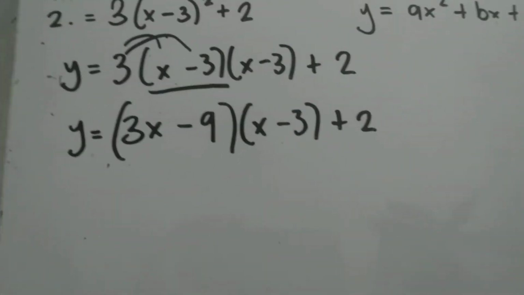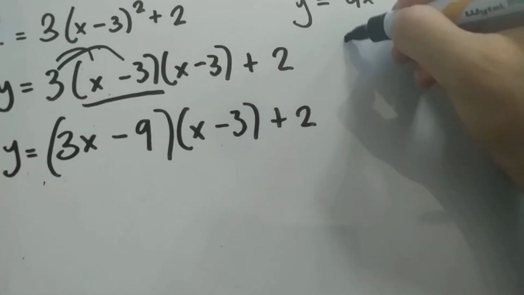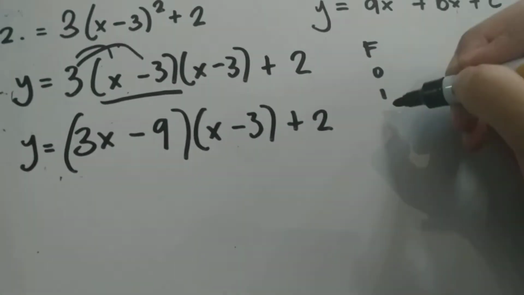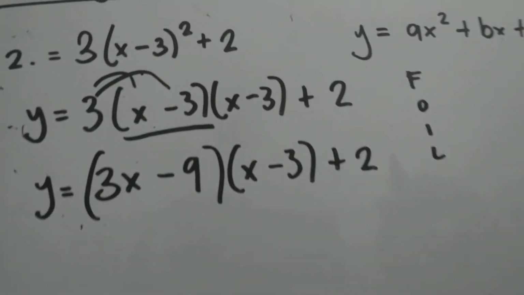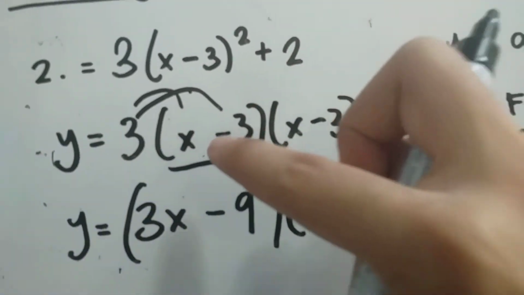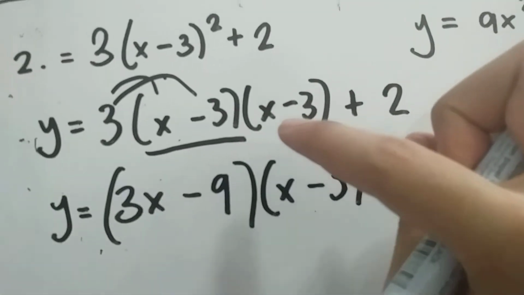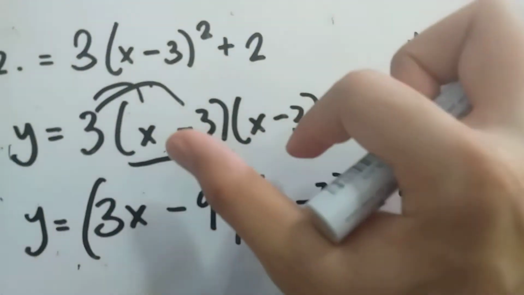Now that there are only two parentheses, you have to FOIL again: first, outer, inner, last. What I did here is I distributed the 3 inside the first parentheses, not the second. It doesn't really matter if you put it in the first or second because they're both the same.